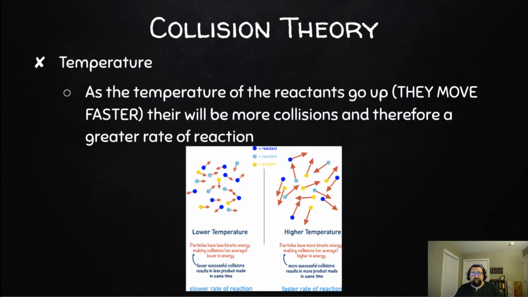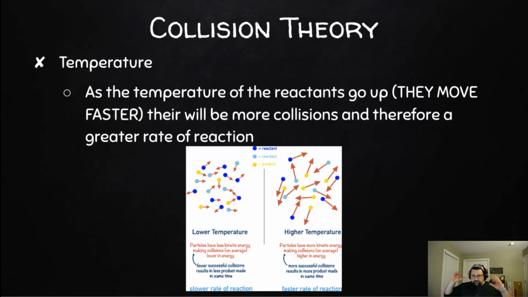Because of that, not only are there more collisions, but they're at a higher level of speed, a higher energy. So not only are you increasing the number of collisions, you're also increasing the energy at which they collide, which again makes more successful collisions, more successful reactions, and therefore a faster reaction rate.